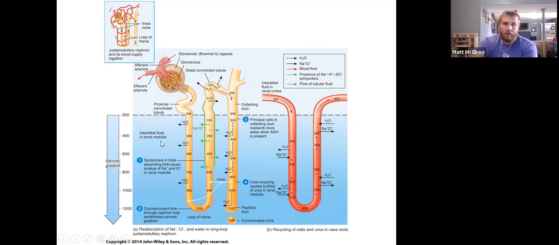The renal medulla, I mentioned the other day, is really salty because what we're doing in the ascending limb is pumping out sodium and chloride. Sodium and chloride, remember, that's just table salt. This fluid that's in the renal medulla is going to be super salty as a result. Salt water is described as a hypertonic solution.